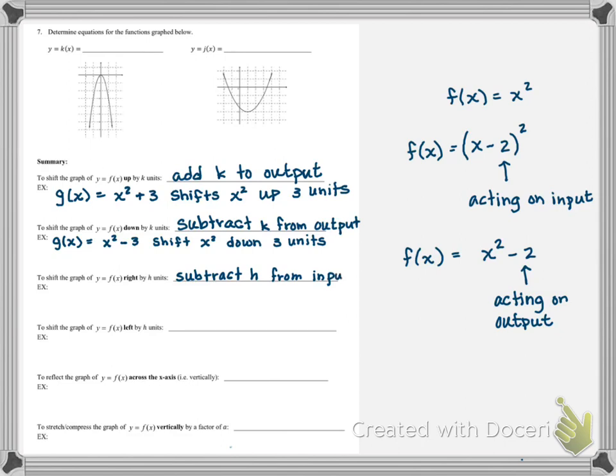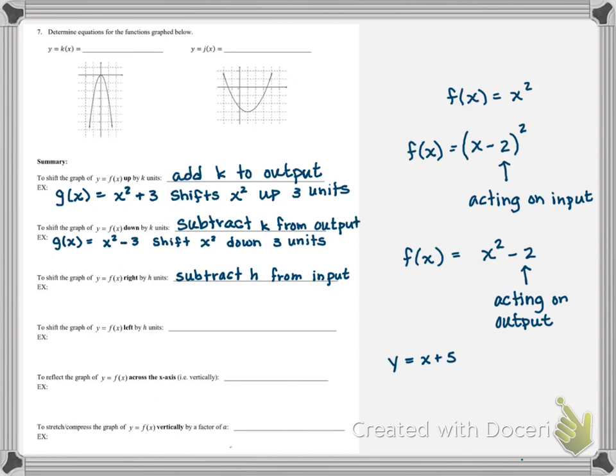The way that I think about it is, if I gave you y and you wanted to find x, you would have to subtract 5, so you'd have to do the opposite of adding 5. Whereas if I gave you x and you wanted to find y, you would actually add 5. So for x, we're always doing the opposite operation, and for y, we're always doing the operation that's in the function.